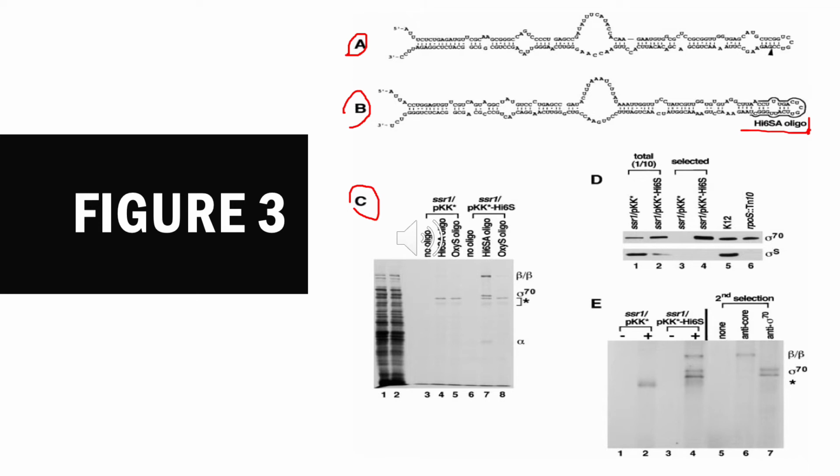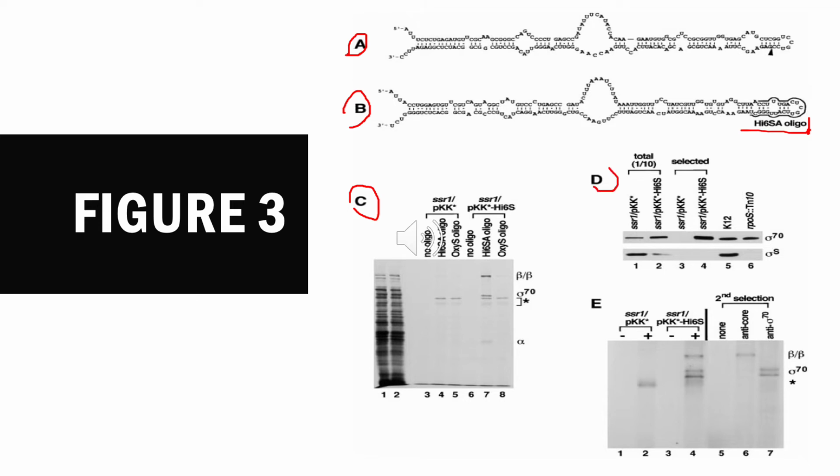Looking at figure 3C, I did not circle this, but we have a band present at the beta and sigma 70 RNA polymerase subunits with HI6S, which shows us that the 6S RNA polymerase complex can be selected through the RNA.